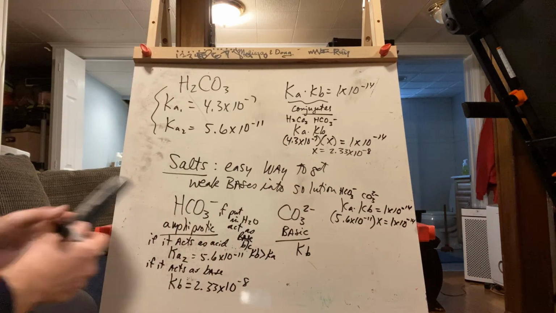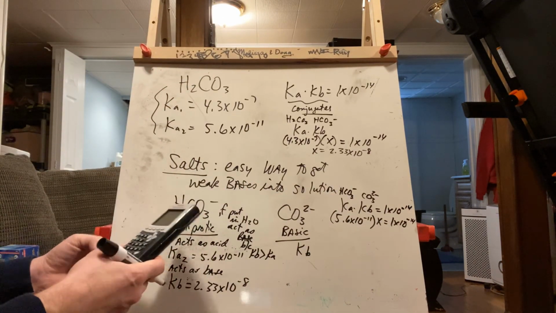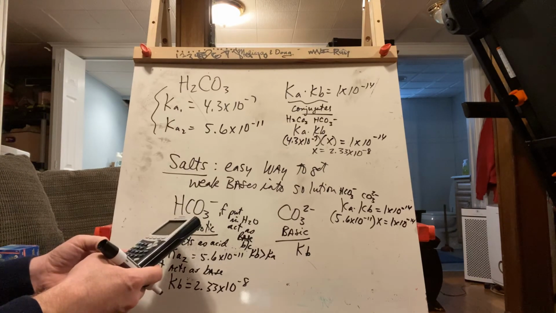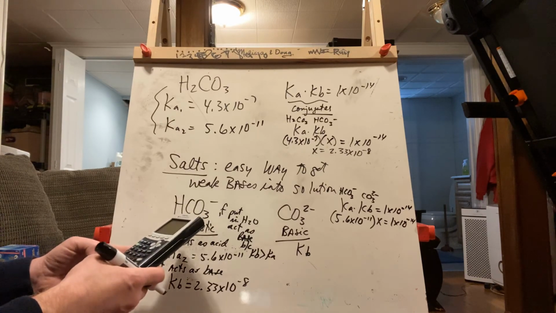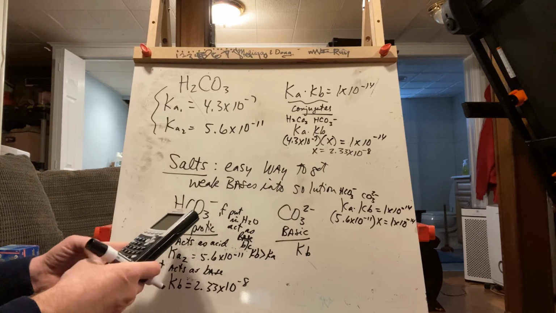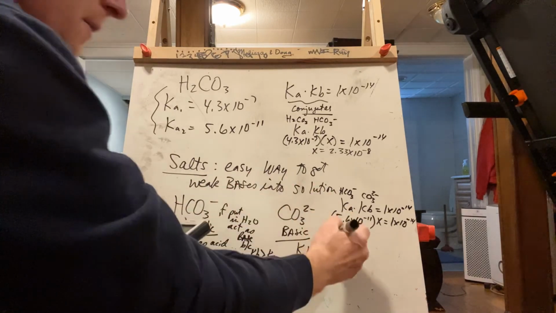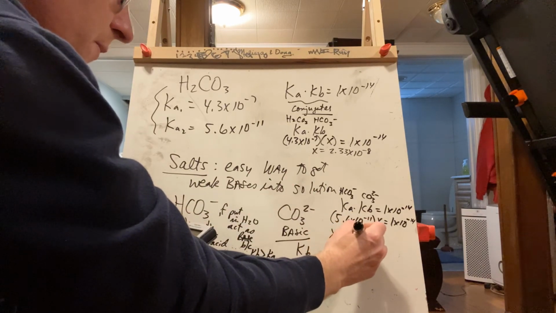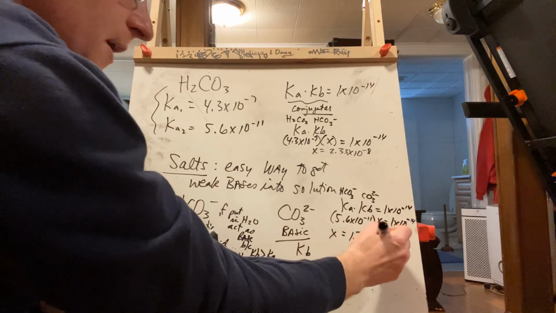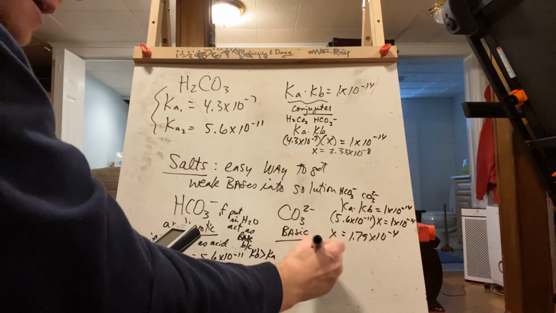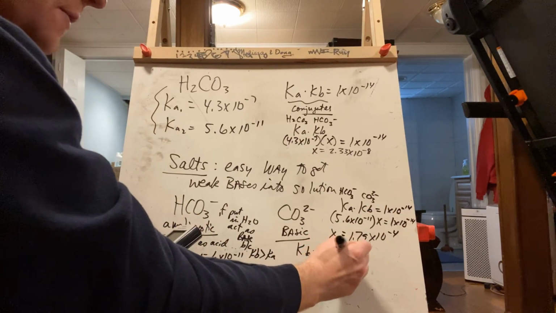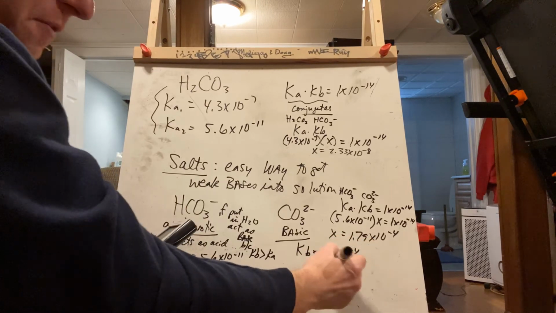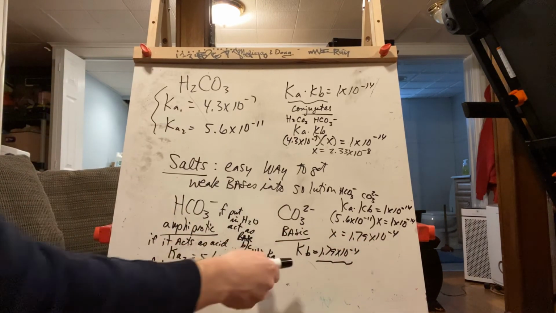And this is actually kind of a stronger weak base. You get x equals 1.79 times 10 to the negative 4th. So my Kb of this one is actually a fairly hefty number for a weak base.